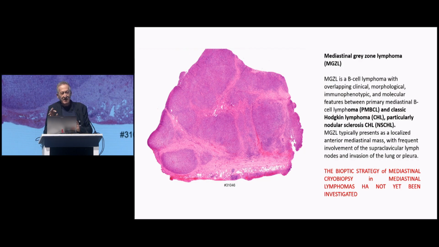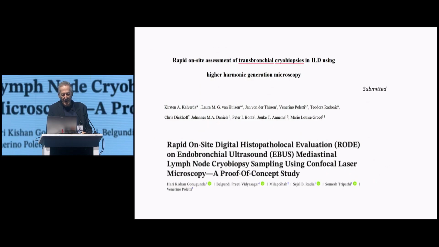But the treatment is completely different compared to classic Hodgkin lymphoma. So one of the needs we have to explore is that the bioptic strategy for cryobiopsy in lymphoproliferative disorders in the mediastinum has a role.